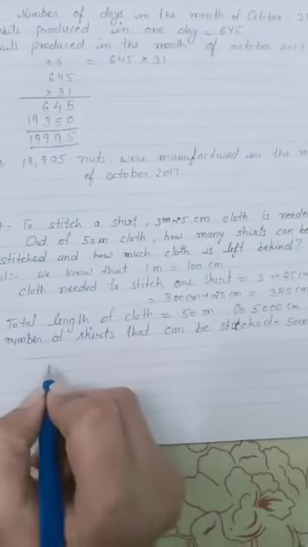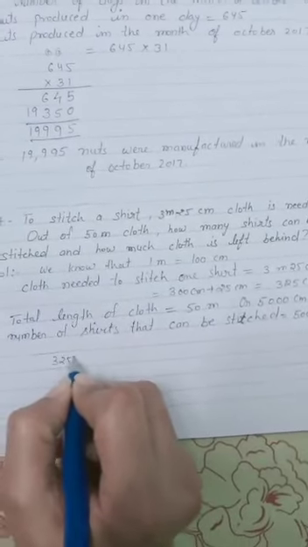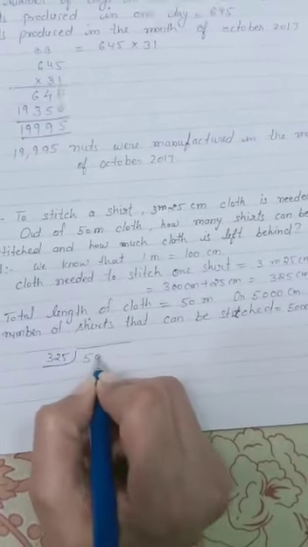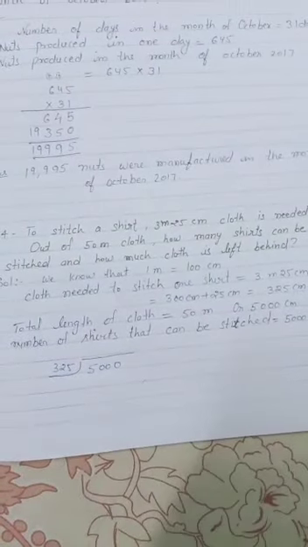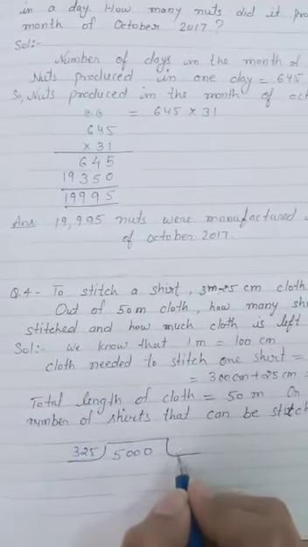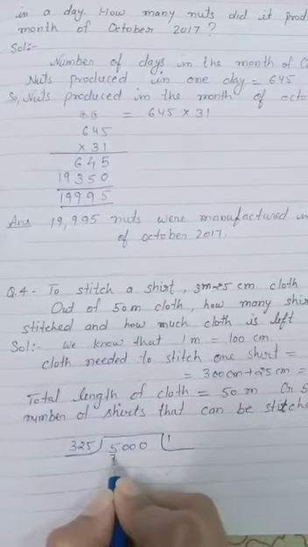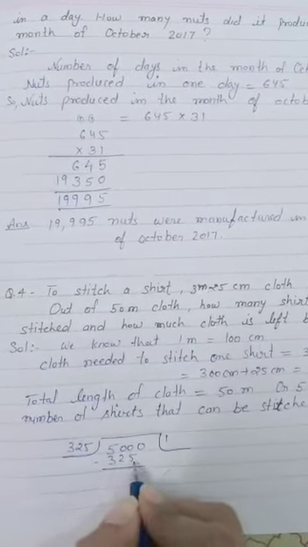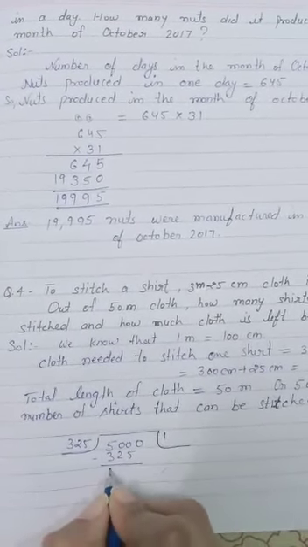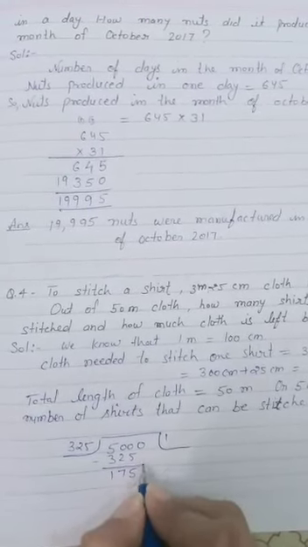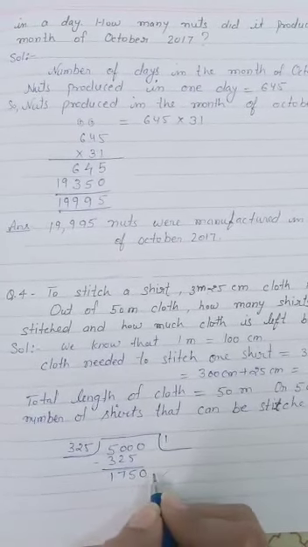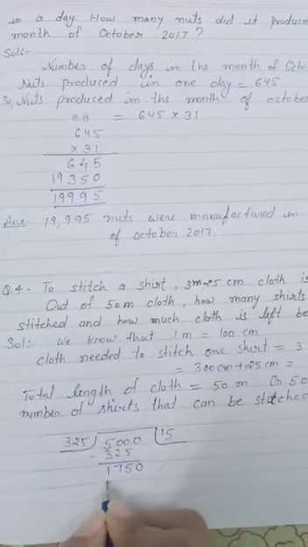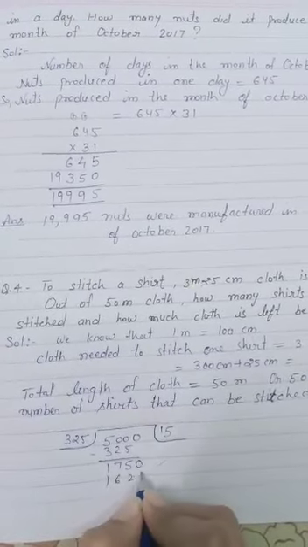Okay, so do it. 325 into 5000. 325 1 time is 325. Whenever we subtract 325 from 500, we will get 175. Now write down the next digit, that is 0. Now 325 5s are 1625.